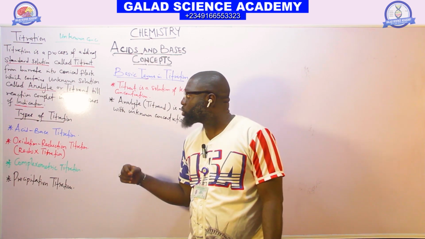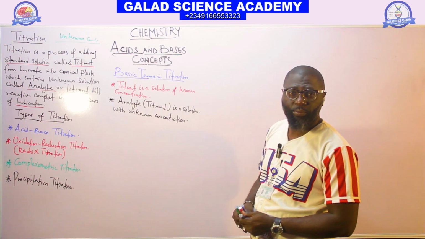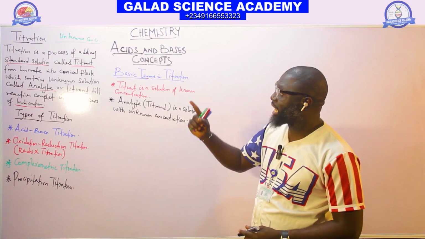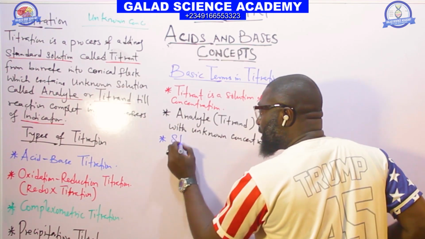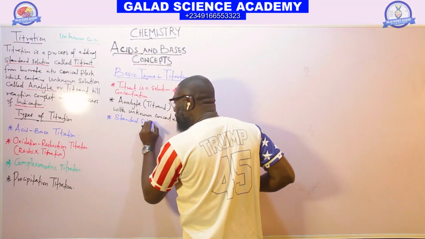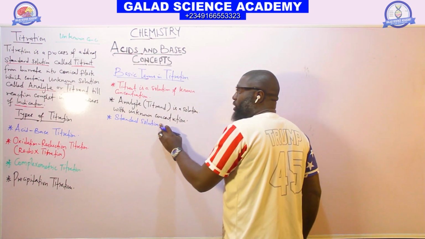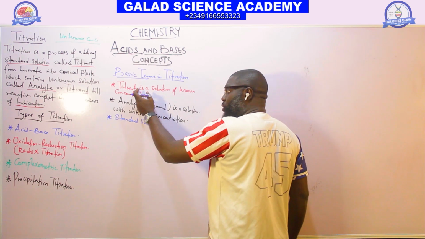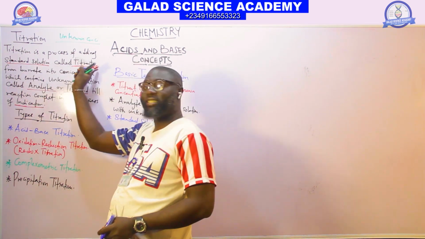What will be the next one now? Yes, the next one is standard solution. We can also call the standard solution titrant. I said a standard solution is called titrant.